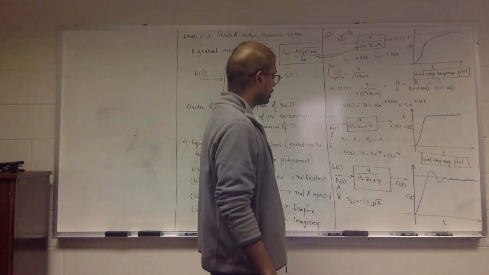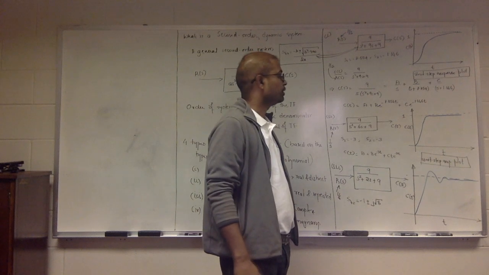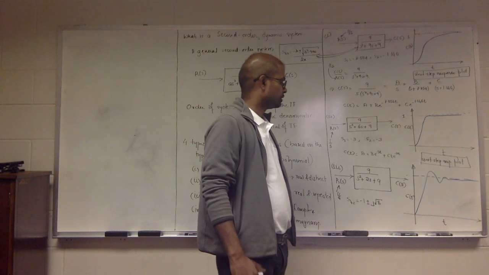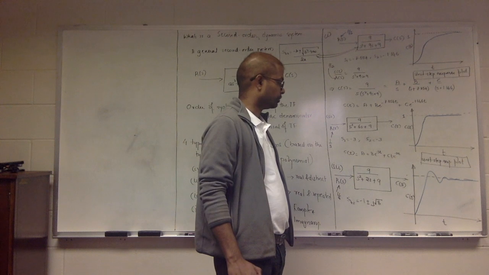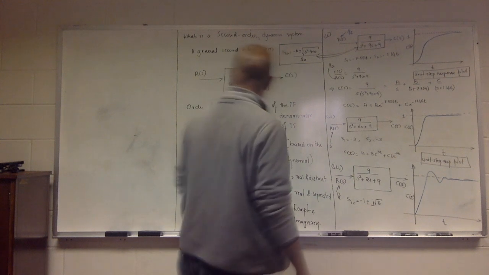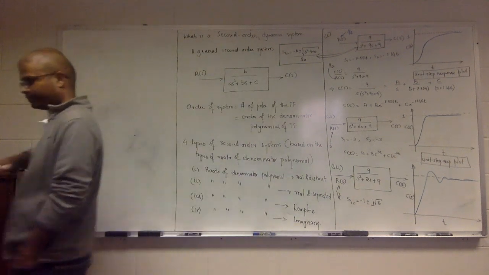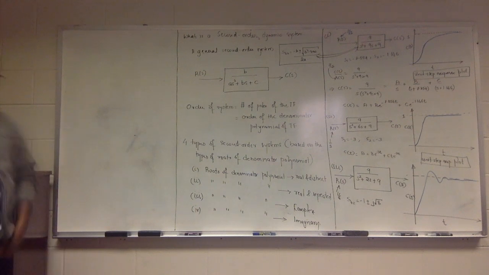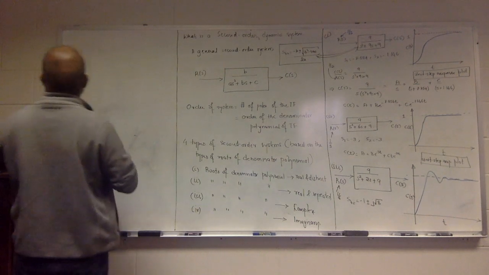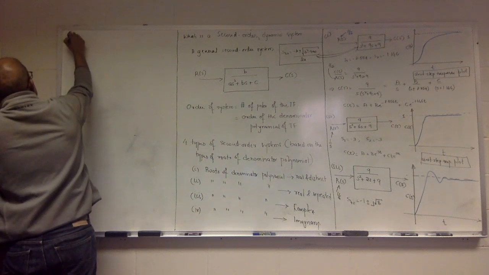R of S could be unit step, it could be unit ramp, and these are very representative of what happens in real life. Okay, and I'll talk about that before, let's just finish this.